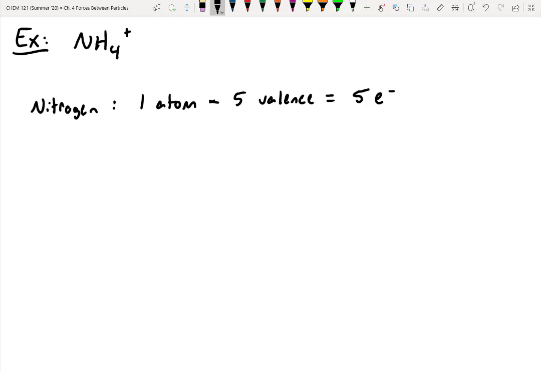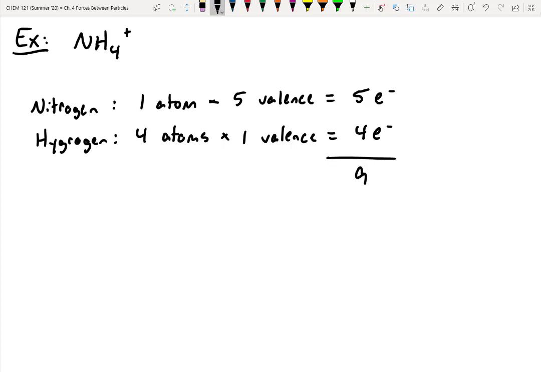All right, we've got hydrogen next. We've got 4 atoms. And each hydrogen has 1 valence electron. So we've got 4 electrons from that. However, if we add all of these up, it's going to be 9 electrons.